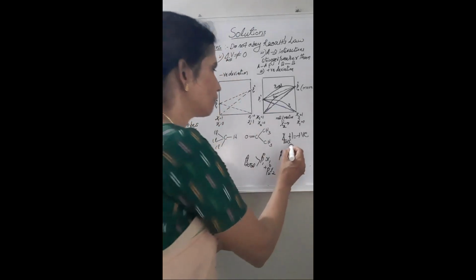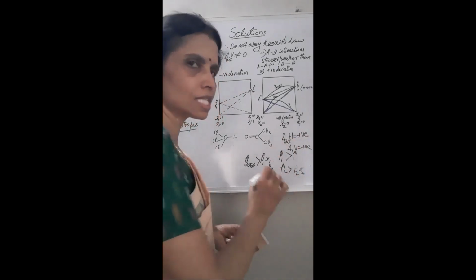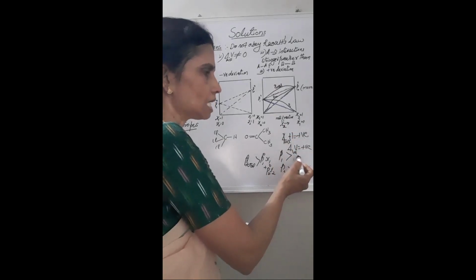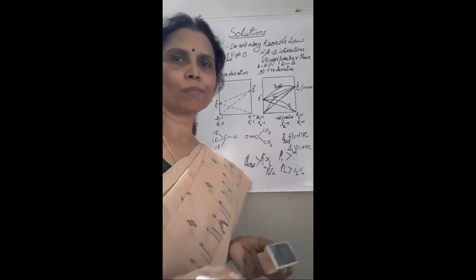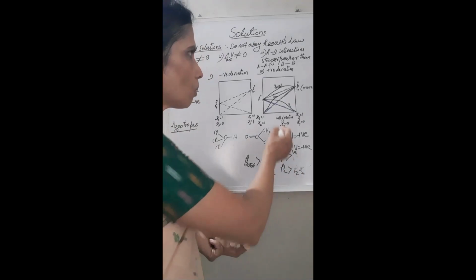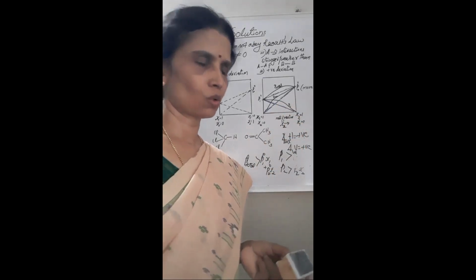Hence we say delta V mixing will be positive. So for solutions showing positive deviation, delta H mixing is positive, delta V mixing is positive, and the observed vapor pressure will be more than that given by Raoult's law. An example of such a solution is a mixture of ethanol and acetone.